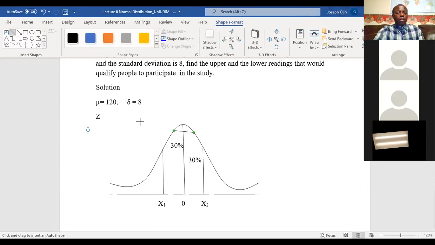All right, let's shade it. 30 and 30. The shading is usually easier when you are doing it manually, but you get there.